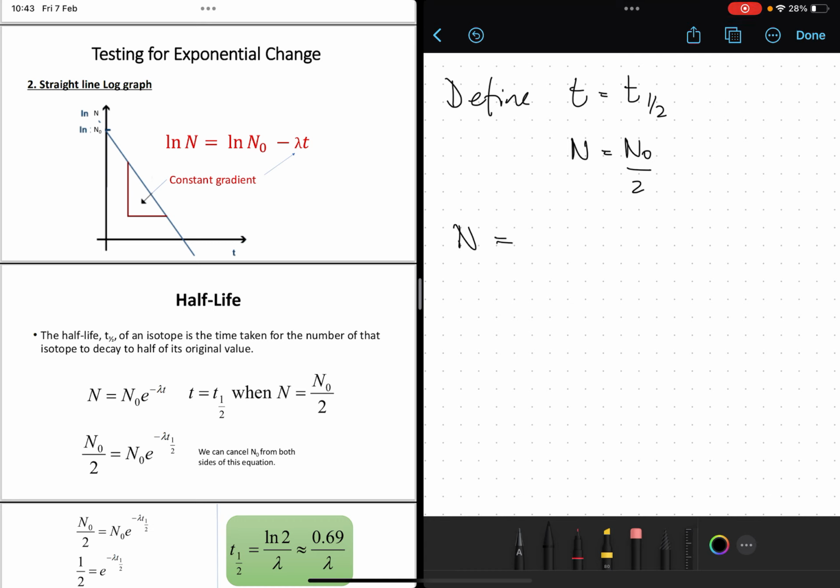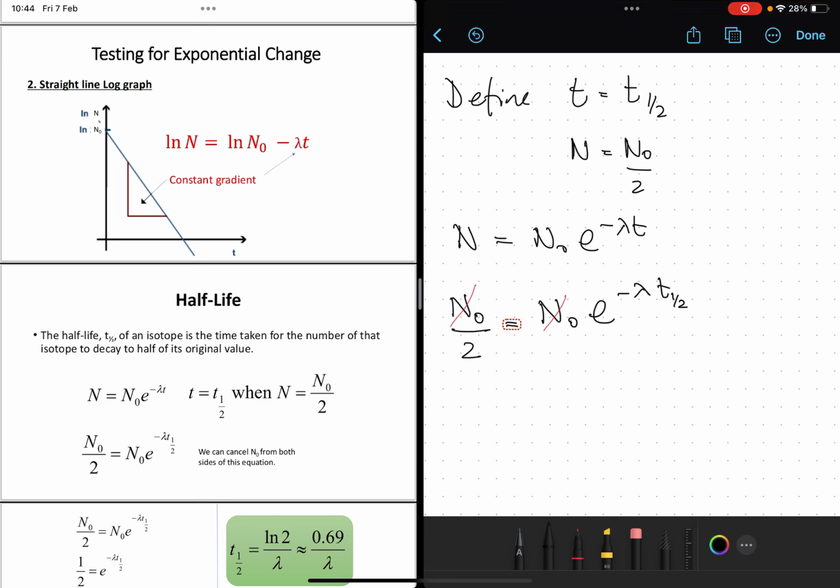Okay, so N is N naught e to the minus lambda t. Okay, and N is now the starting number of undecayed nuclei divided by 2 when the time is t half. Okay, at which point I can cancel out my n naughts.